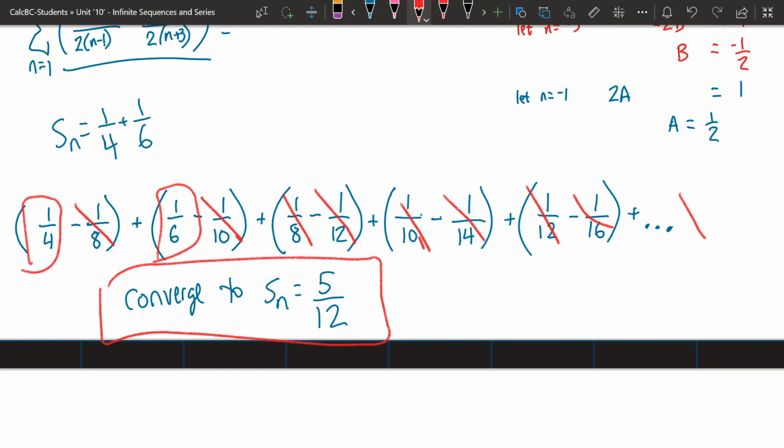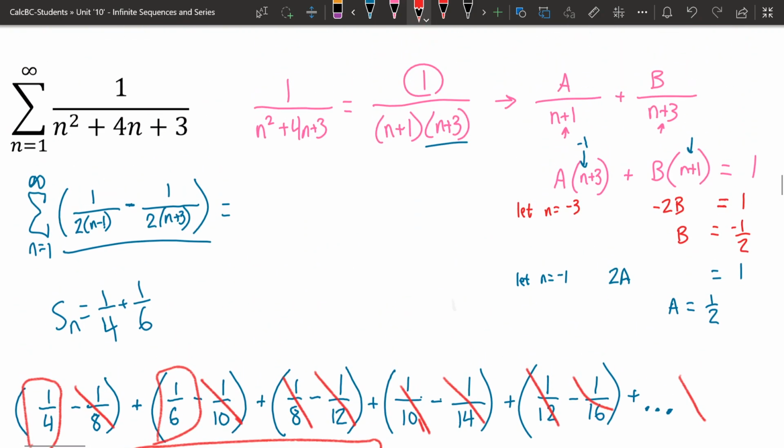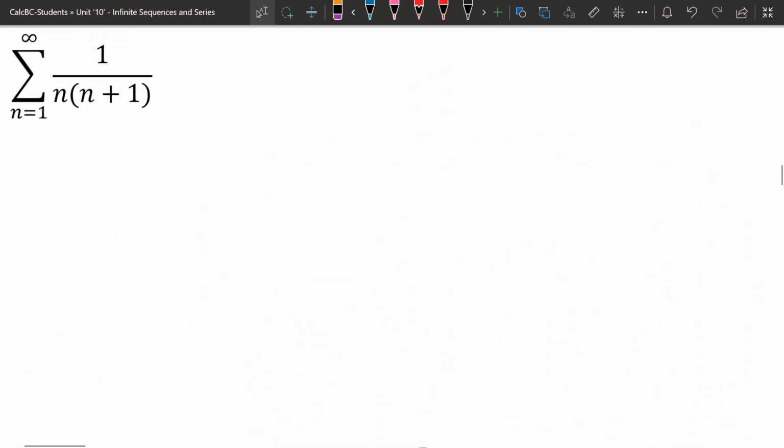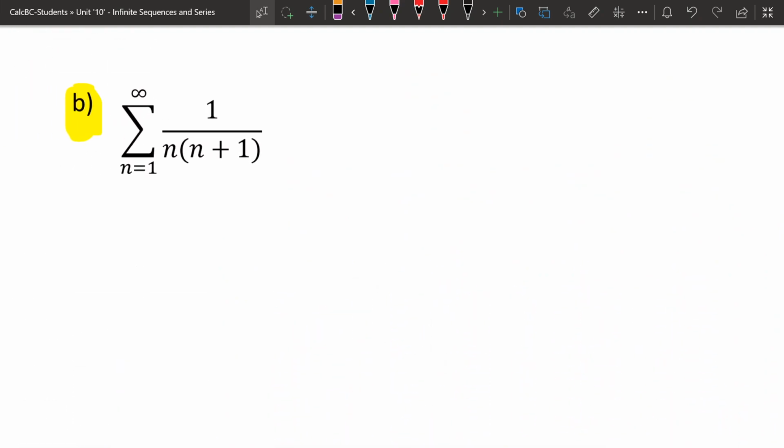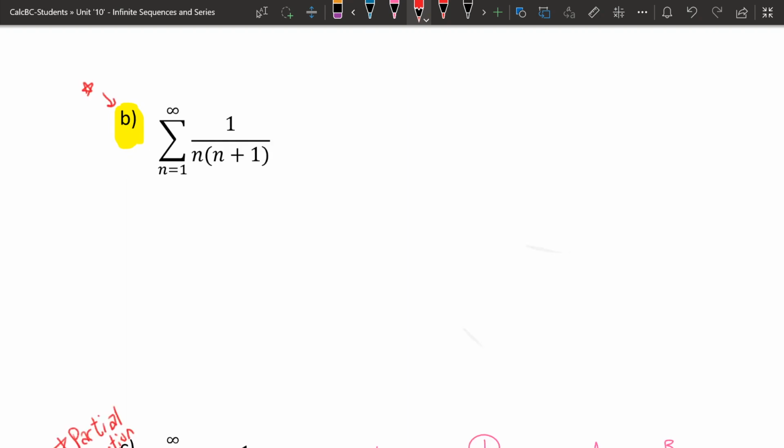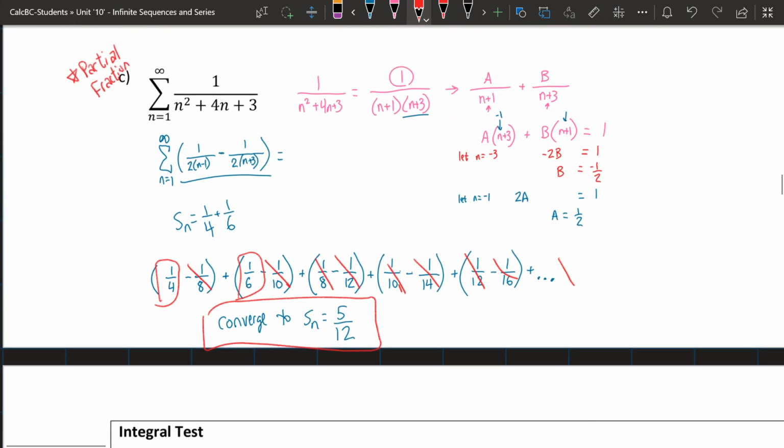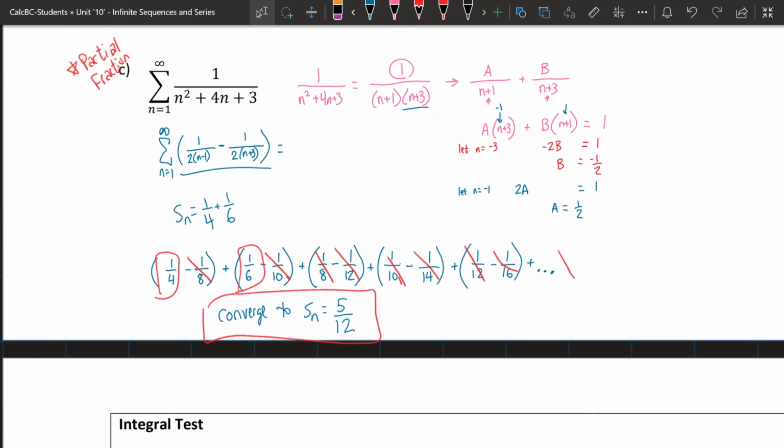Finding partial fractions, when you see a fraction with especially a quadratic, or in part B, this is another good one to do partial fractions on again when you see multiple factors in the bottom. Split them up into partial fractions, use the telescoping series, and see what it converges to.